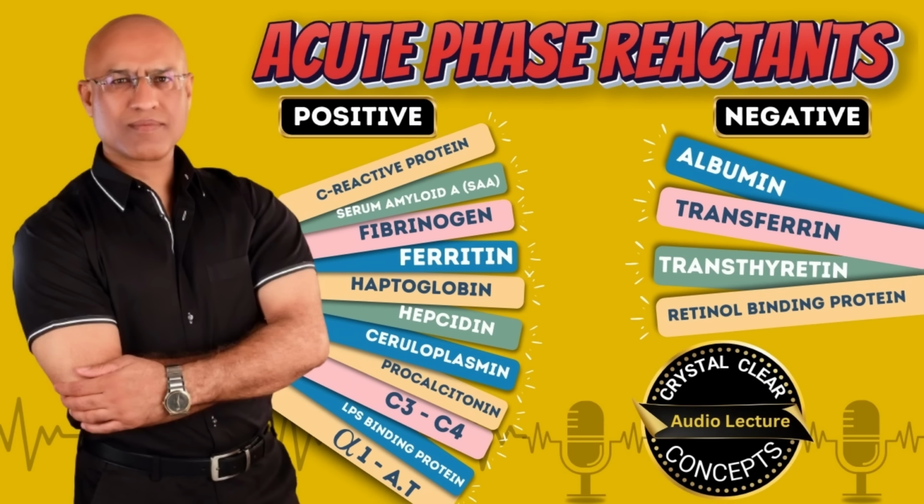So now you should remember, in acute phase reactants, there are 4 proteins which are managing the iron in such a way that iron should not be available to the bacteria or pathogens. 3 are positive APRs, that is haptoglobin, ferritin and hepcidin. 1 is a negative APR, which is transferrin, right?